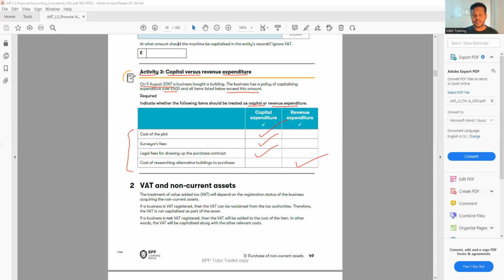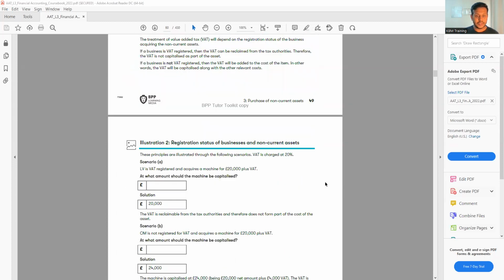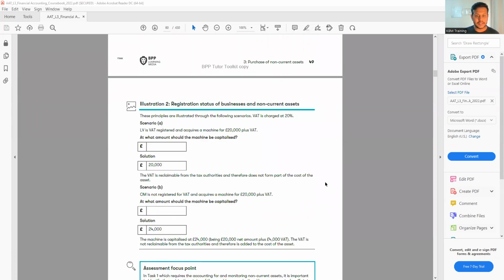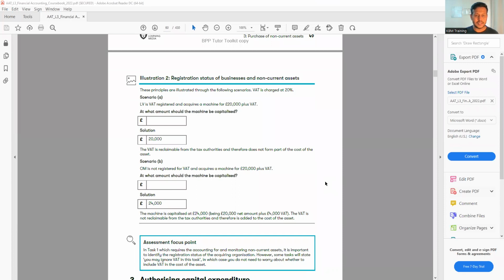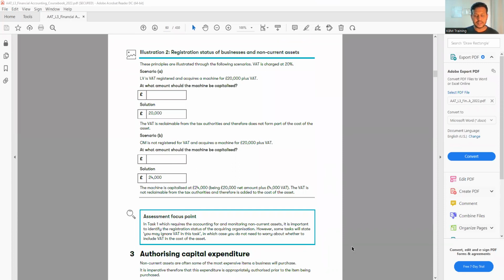Let's move to the next section. The next section we have is VAT and non-current assets. Now VAT and non-current assets is quite simple. Remember that if the business is not VAT registered, then the VAT is a cost for them. But if the business is VAT registered, then the VAT is not a cost for them, because they will get the VAT back from HMRC.